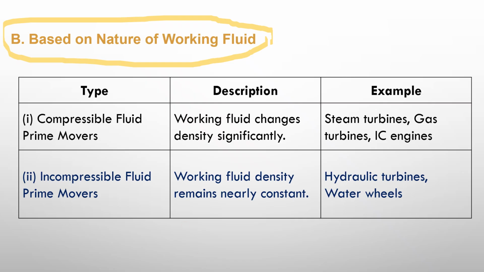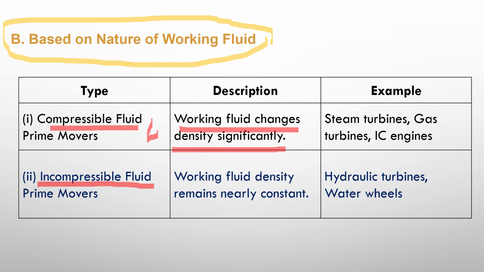Now what we can see here is either we can go for compressible fluid, or we can go for non-compressible or incompressible fluid. So what do you mean by compressible fluid? All the gases are examples of compressible fluid. Here what we will observe is the working fluid changes density significantly.